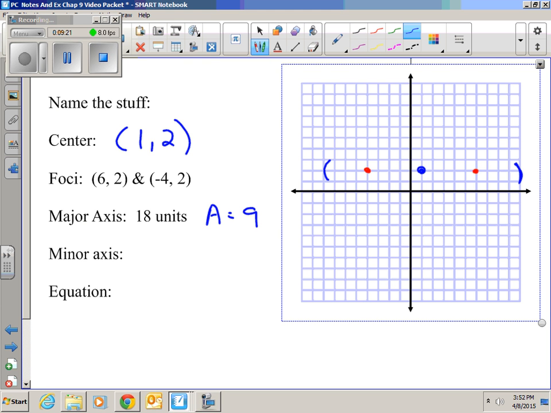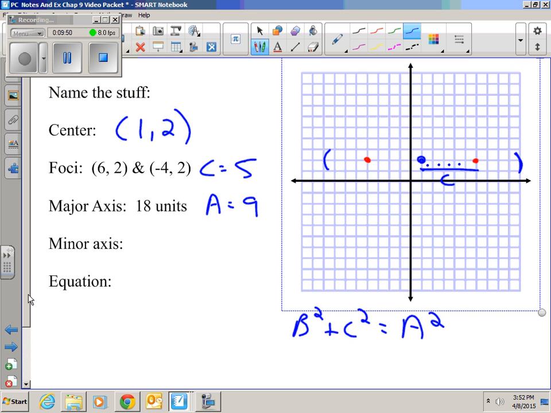I do know that this distance right here is my C. That distance is 1, 2, 3, 4, 5. So C is 5. So we're going to write that right there. And I can now come up with my B by using the Pythagorean relationship. So I know that B squared plus C squared is equal to A squared.